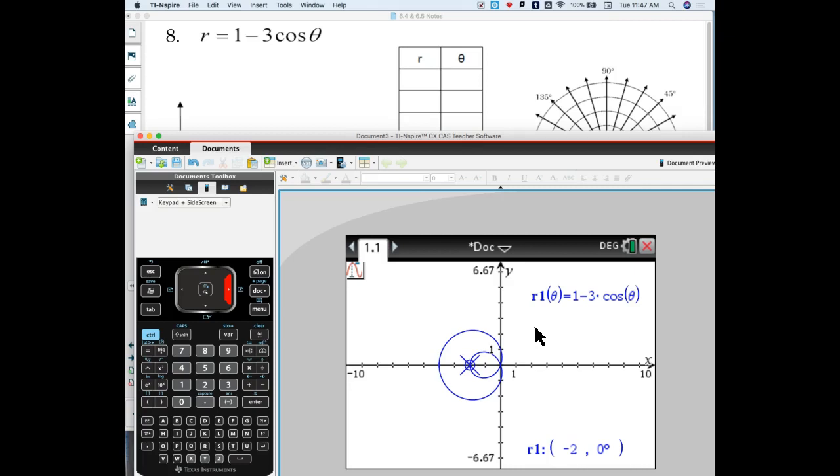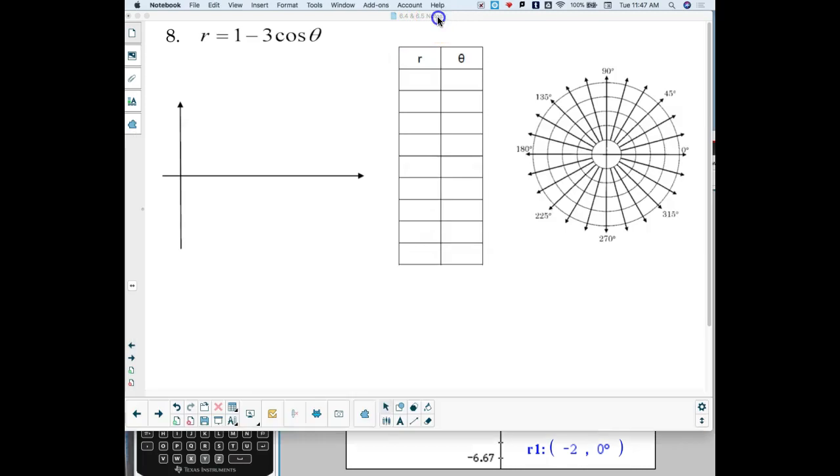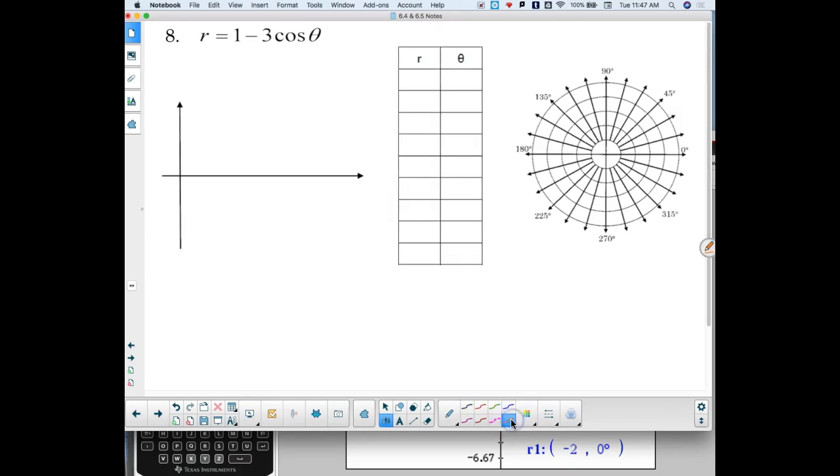Okay, so 0 degrees, we're going to go negative 2. This is one of those where I need 2 screens going on here now. Okay? So negative 2, 1, 2, right there.